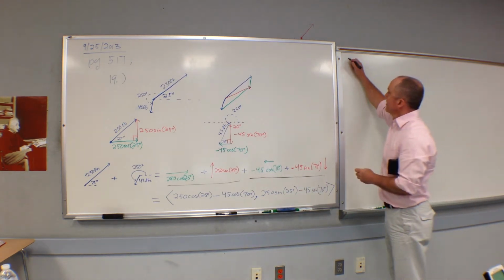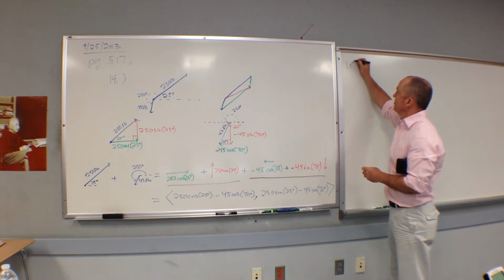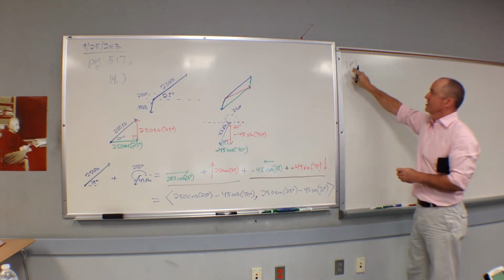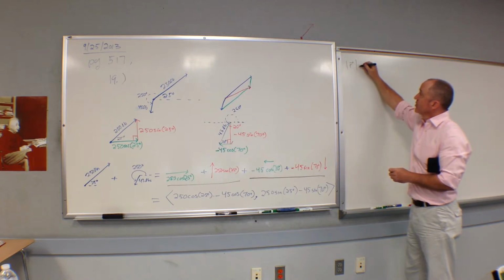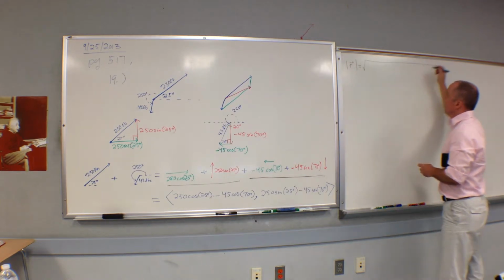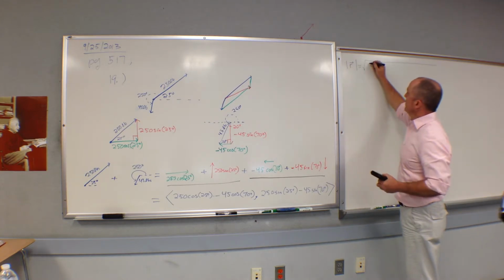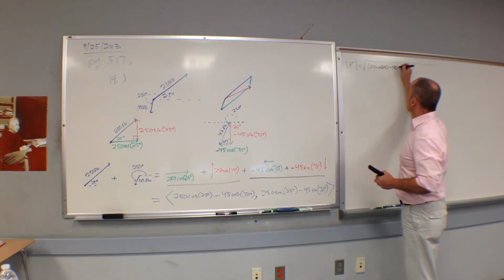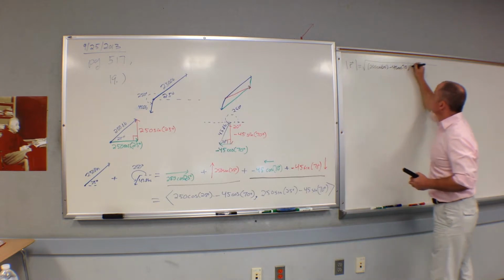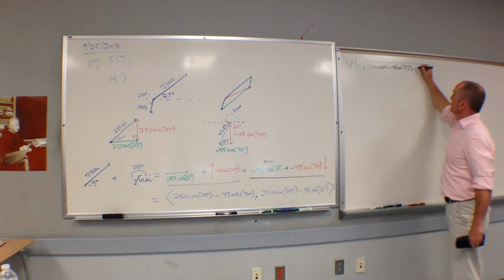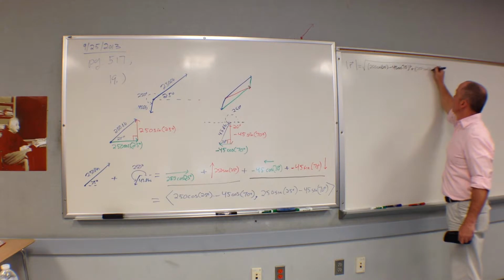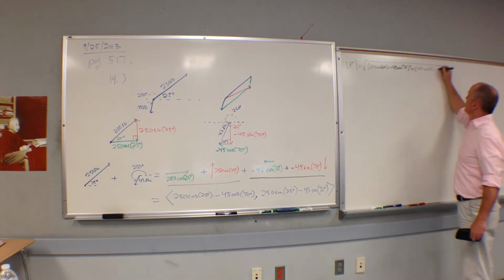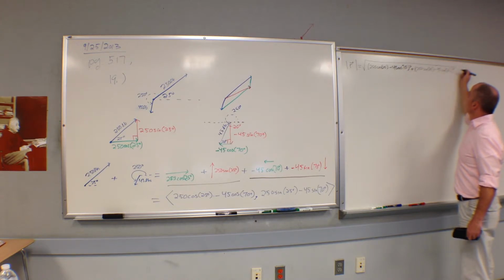So the magnitude of my resultant vector, absolute value signs for magnitude, R is the resultant, is going to be the square root of my horizontal component, 250 cosine 25 minus 45 cosine 70, squared, plus 250 sine 25 minus 45 sine 70, squared.